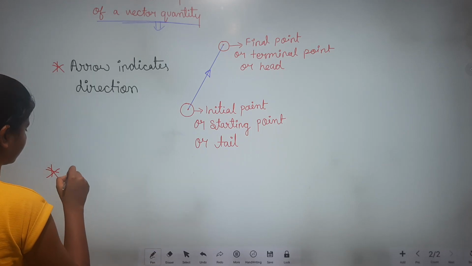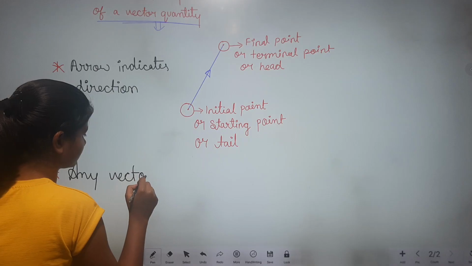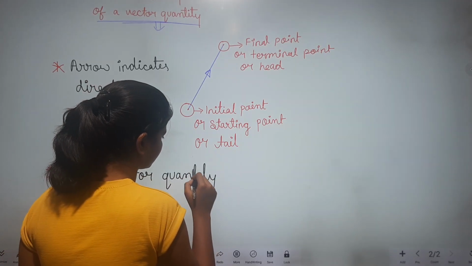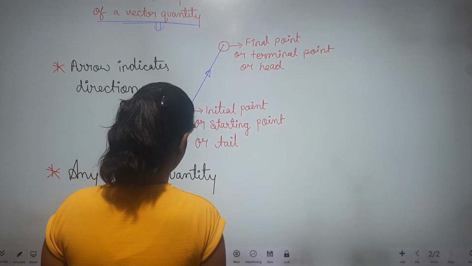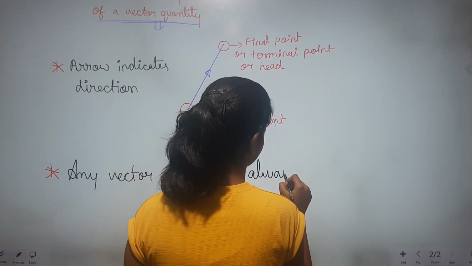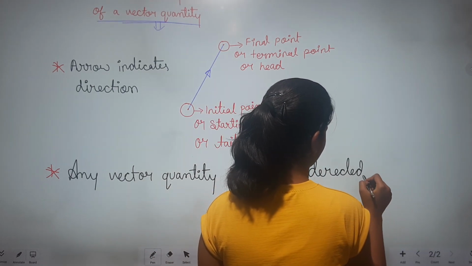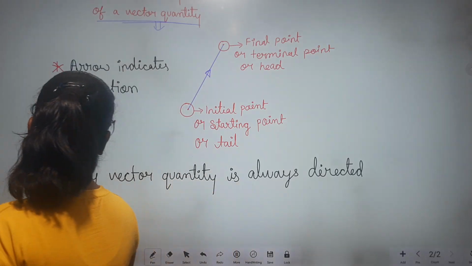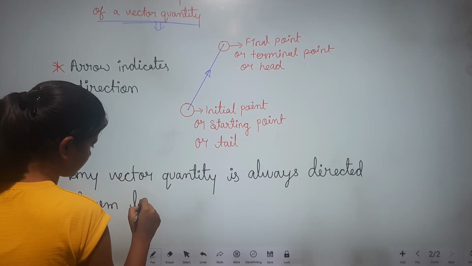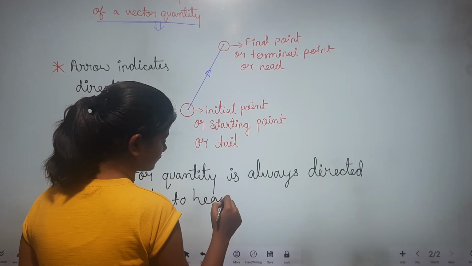Any vector quantity is always directed from tail to head.